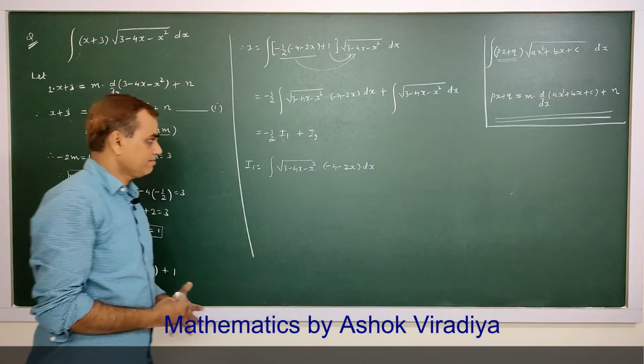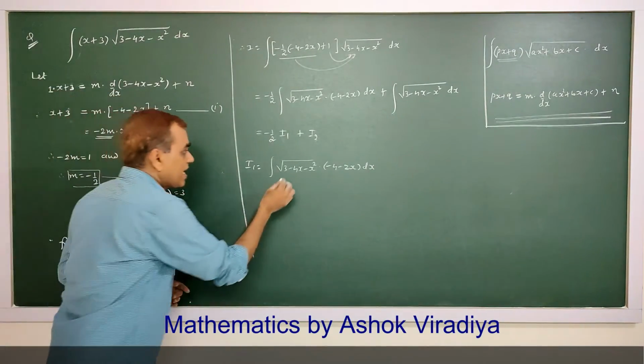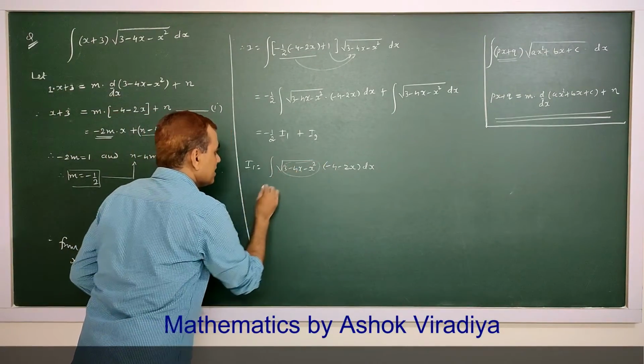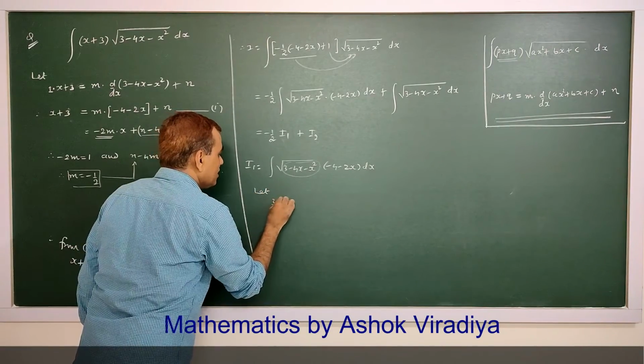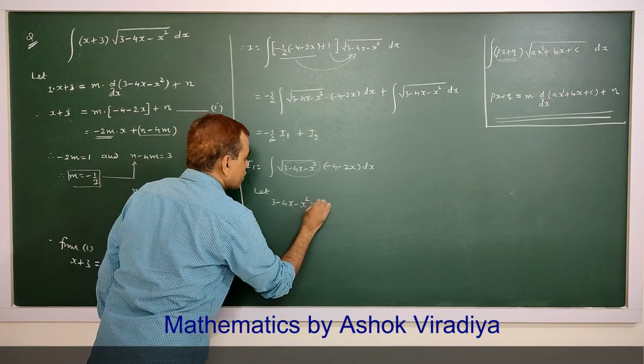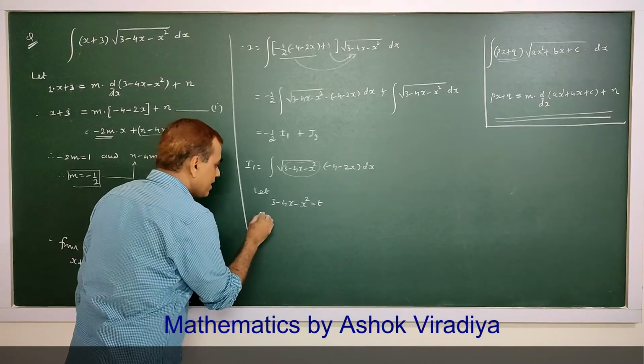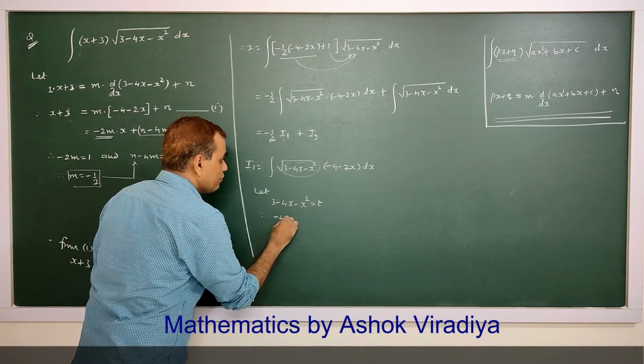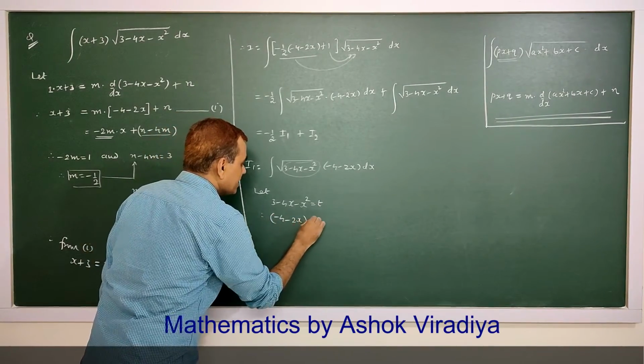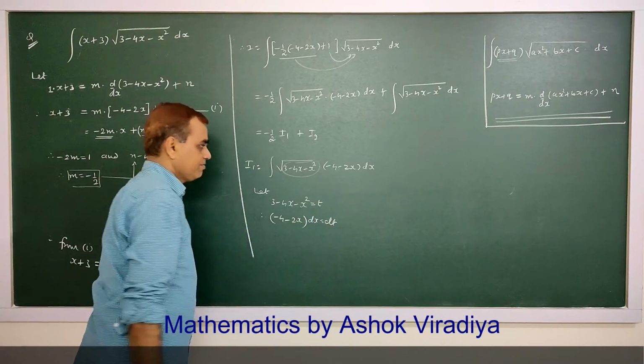This is I1. We suppose that 3 minus 4x minus x square is t. Therefore minus 4 minus 2x dx is dt.